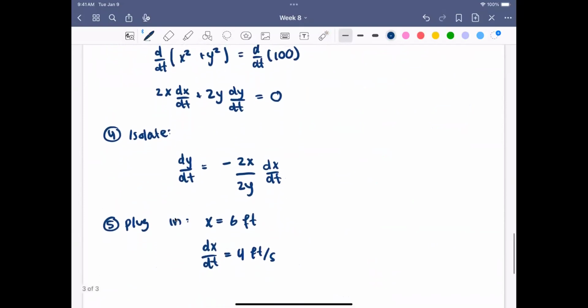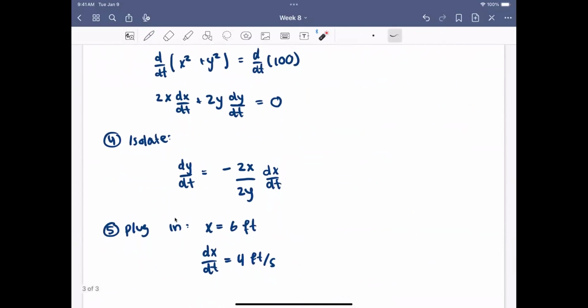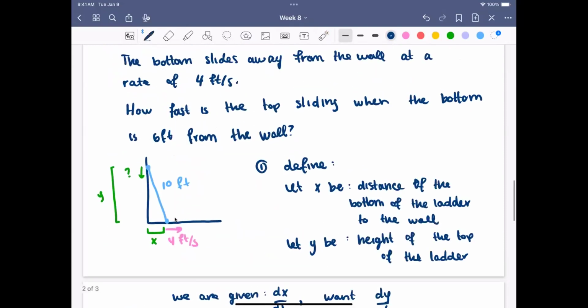Oh, and we're also going to need y, right? Because I have dy/dt written in terms of x, y, and dx/dt. So how do I get y? Going back to the diagram.